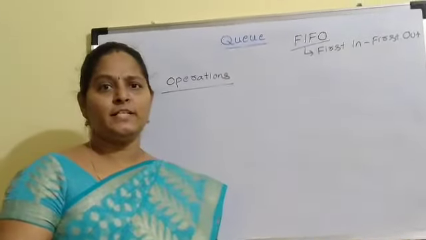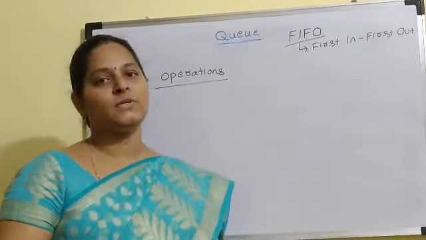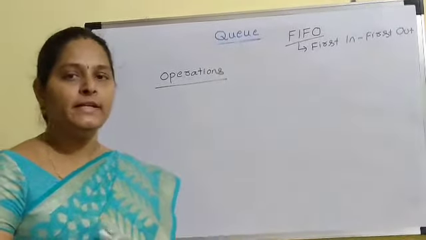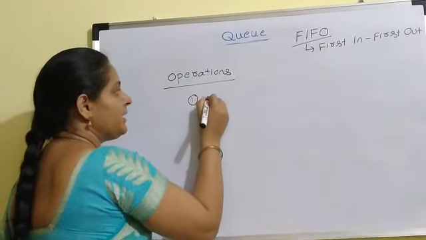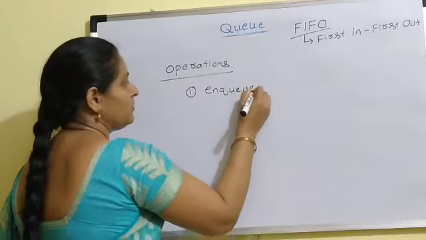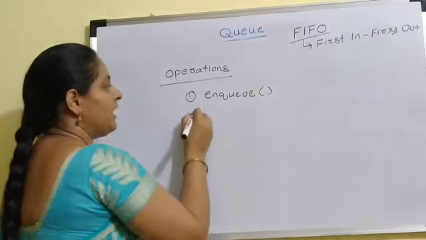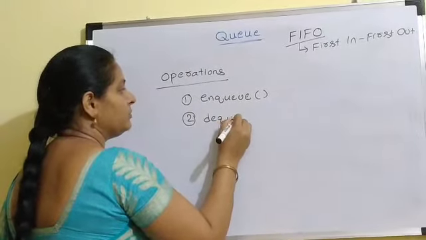Just like other data structures, on queues also we can perform insertion operation as well as deletion operation. But here in queue, the insertion operation is called NQ operation. And the deletion operation we are calling as DQ.